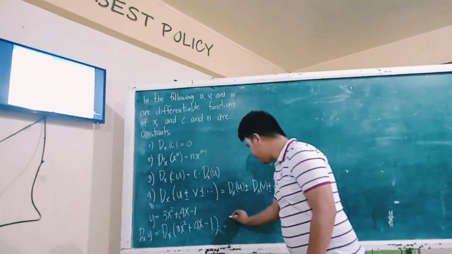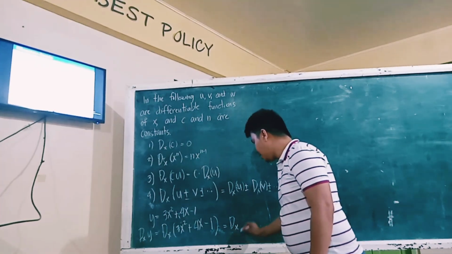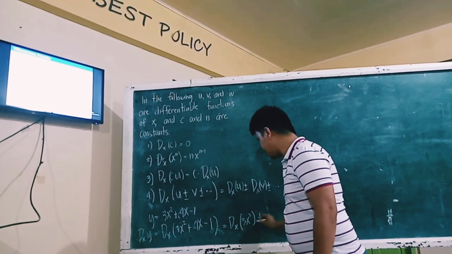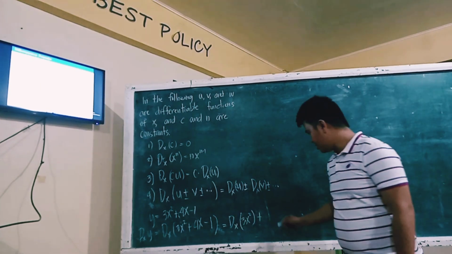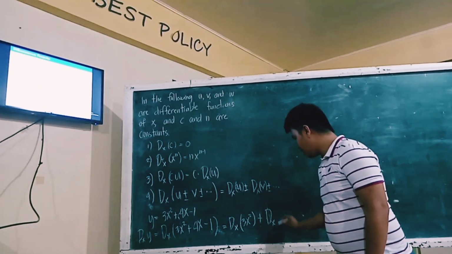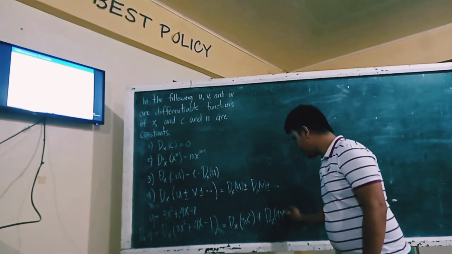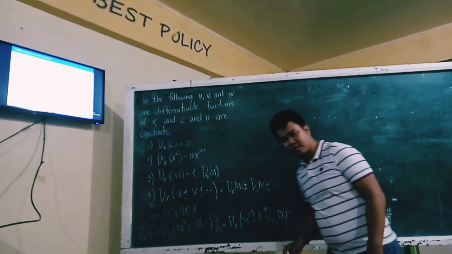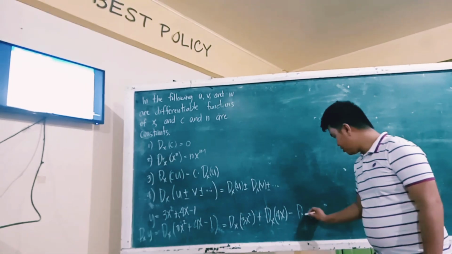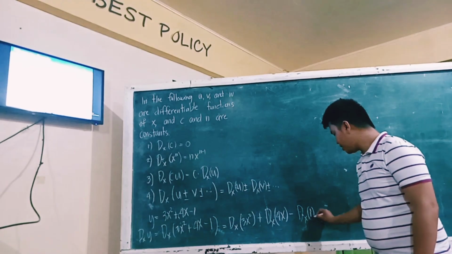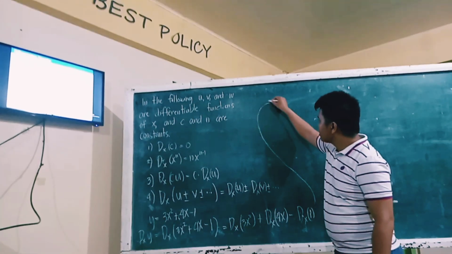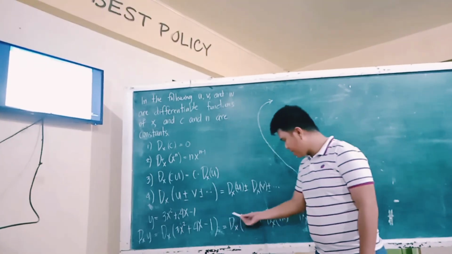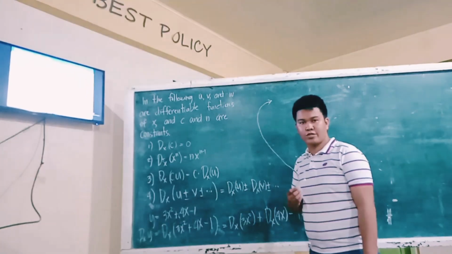We have the derivative of 3x squared plus, since this is plus, the derivative of 4x, and then minus, since this is minus, the derivative of 1. So in this expression, we are now going to simplify this by applying the previous formulas that we have.